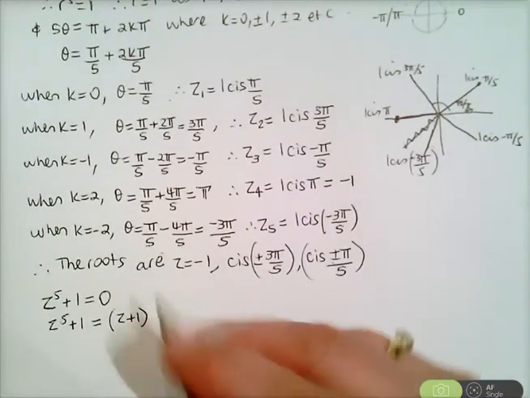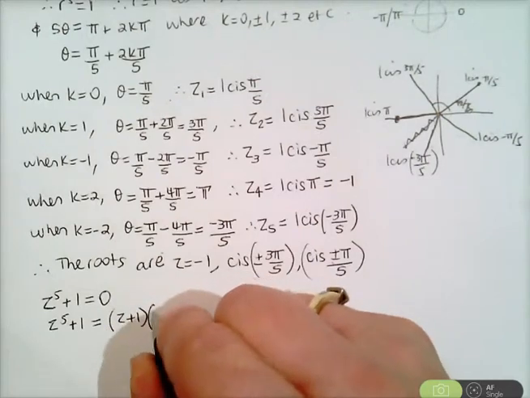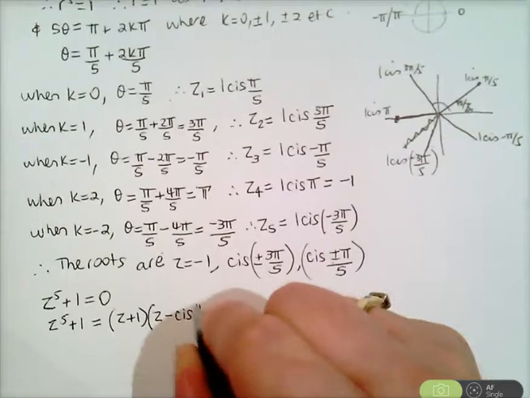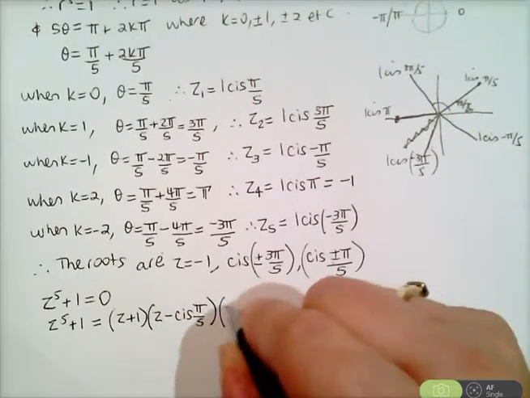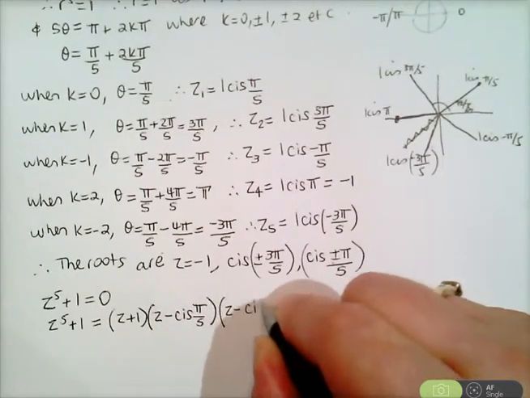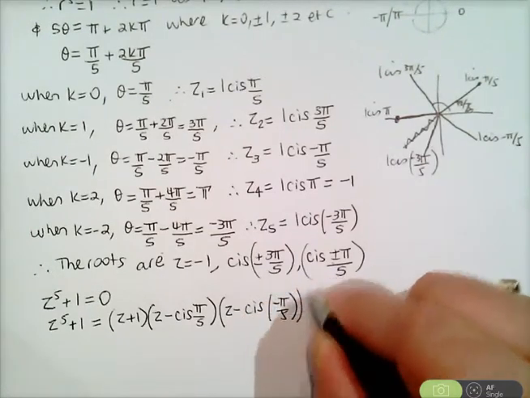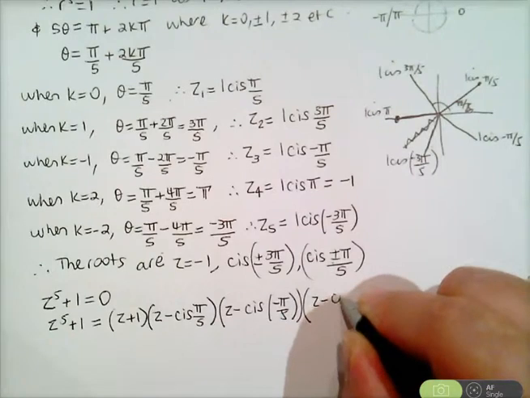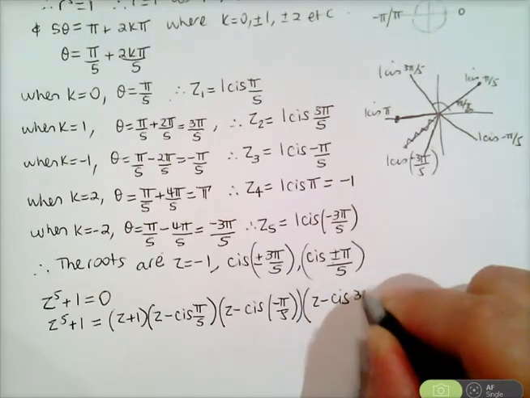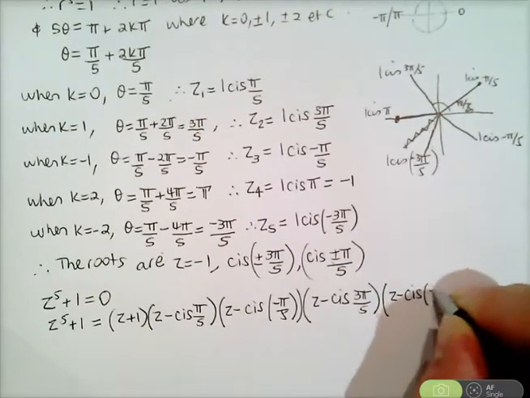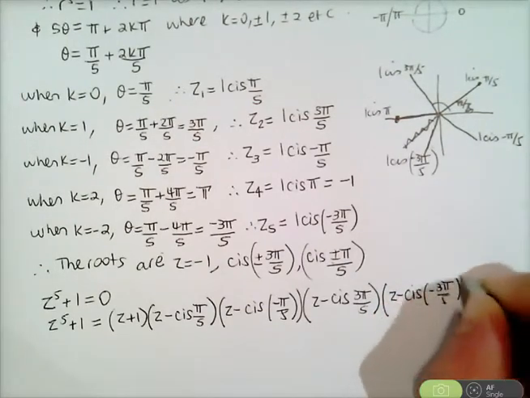So it's z minus negative 1. And then we've got z minus cis, we'll just do the smaller ones first, pi on 5, times z minus cis negative pi on 5, times z minus cis 3 pi on 5 times z minus cis negative 3 pi on 5.